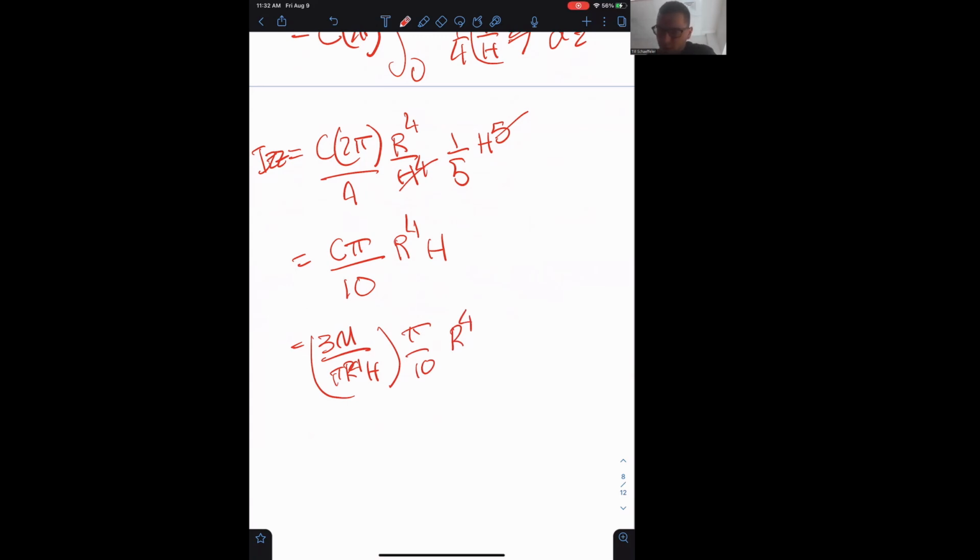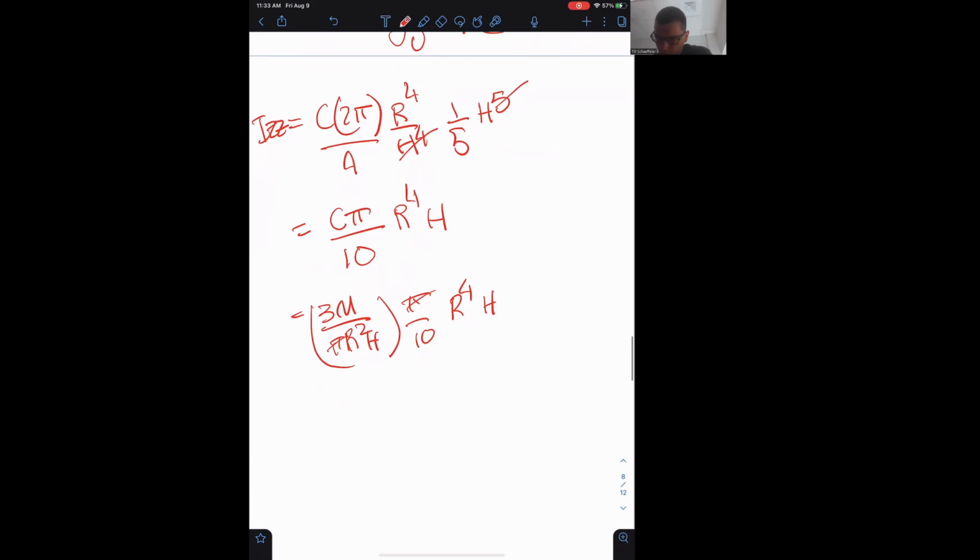I'm going a little too fast now. So what are we left with? The pi's cancel, and the h cancels. We're left with 3m r squared divided by 10.